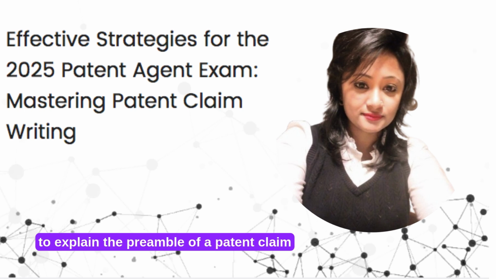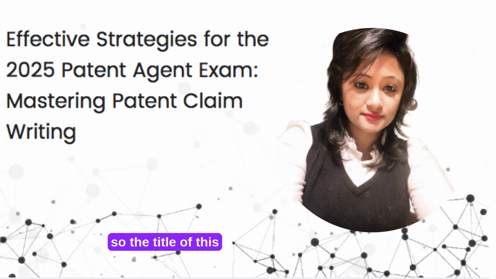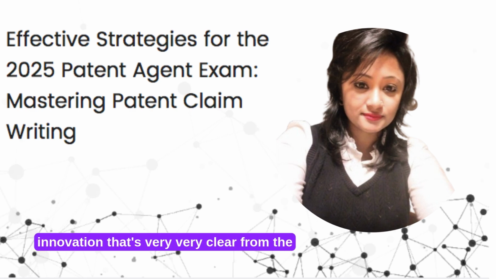To explain the preamble of a patent claim, we will discuss one of the granted patents from the USPTO. The title of this patent is Adaptive Facial Expression Calibration. Coming to the independent claim, this invention claims a facial expression calibration kind of innovation. That's very clear from the title.